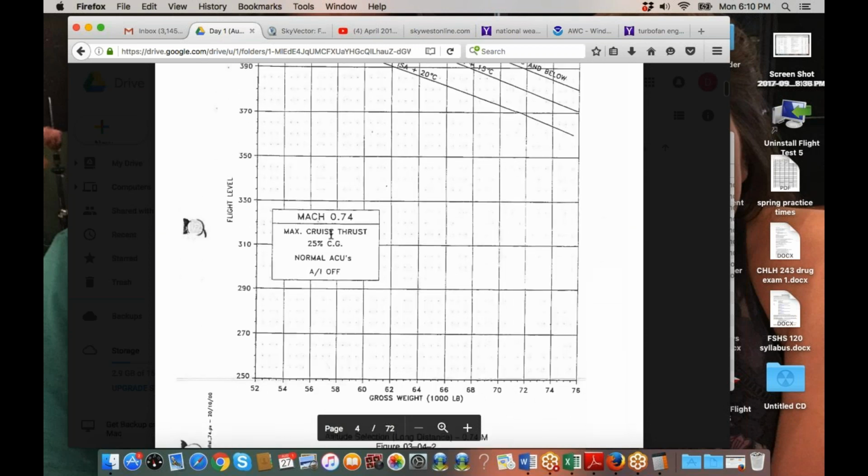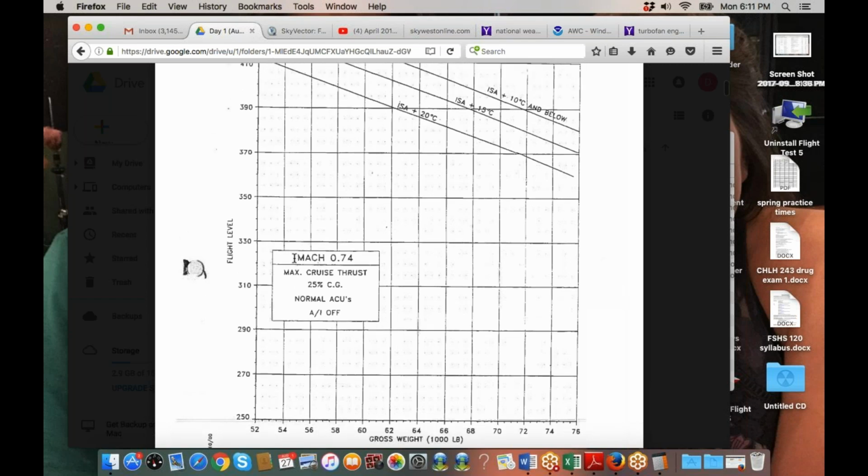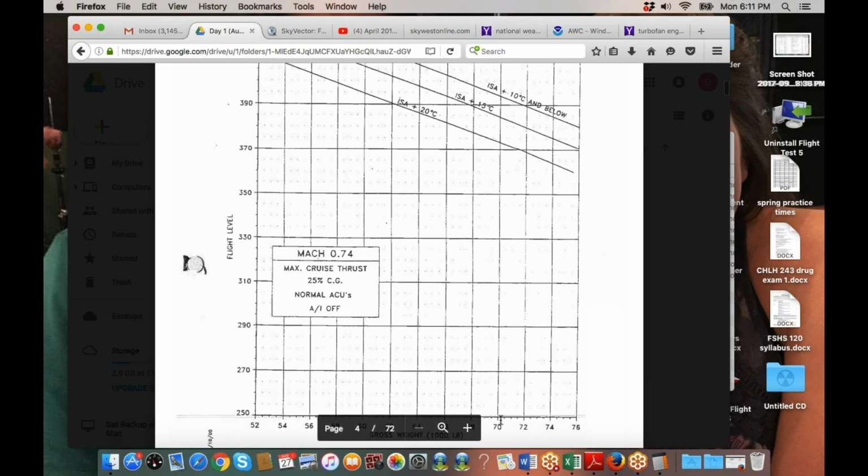If we were doing Mach 7.4, this shows us, based on our gross weight and flight level, what we'd be limited to. So if we're 70,000 pounds, we could go up here, and at ISA plus 20, we're limited to probably about 370, maybe just above.